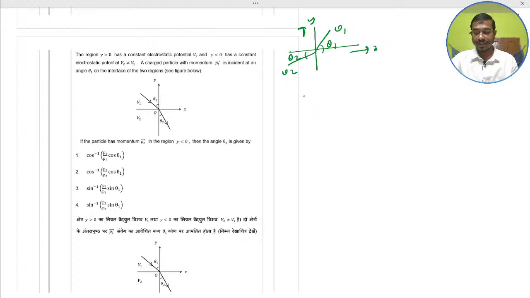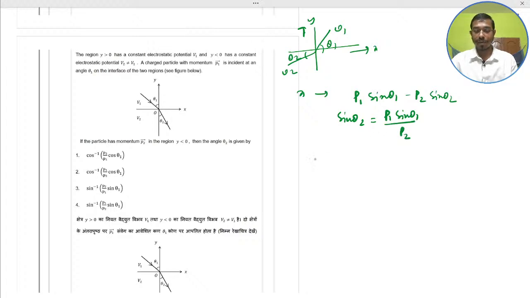So in the x direction, conservation of momentum in the x direction, that the P1 sin theta 1 minus P2 sin theta 2. So rearranging to solve for sin theta 2, that the sin theta 2 would be P1 sin theta 1 divided by the P2.